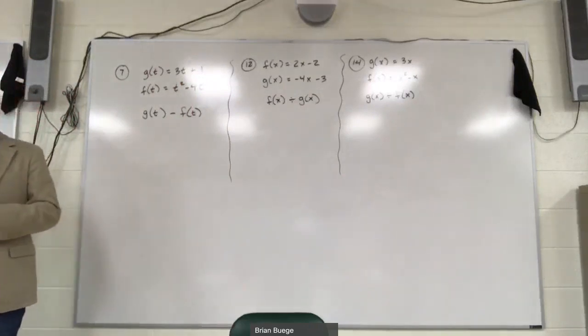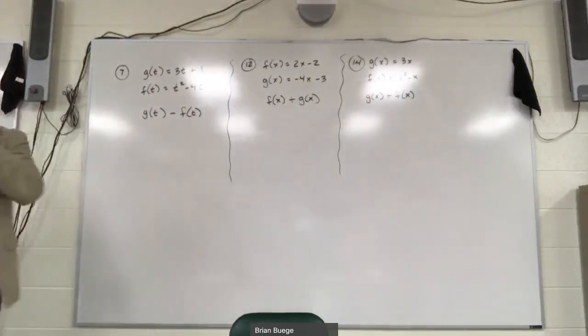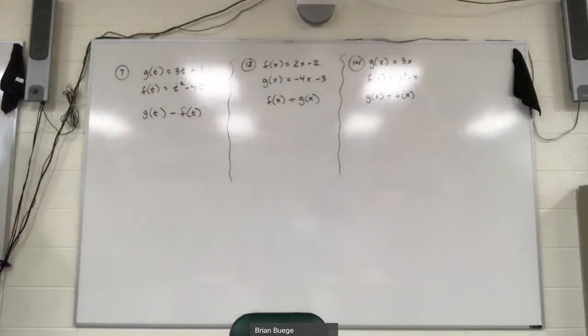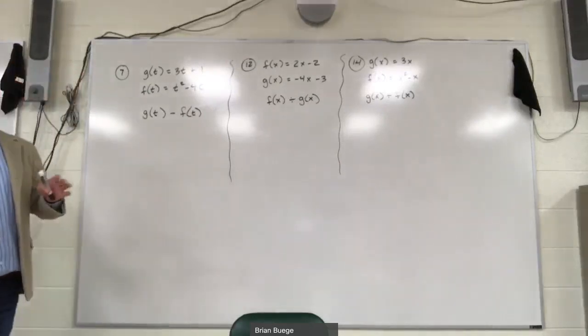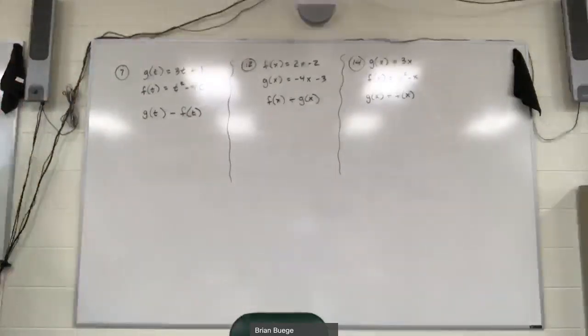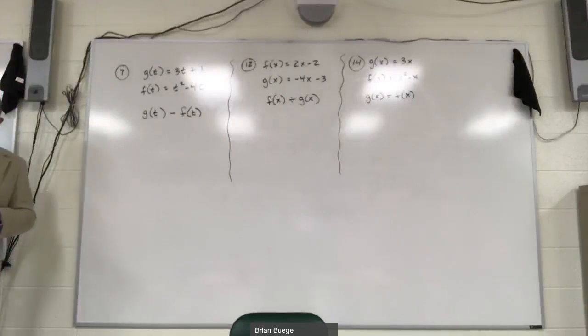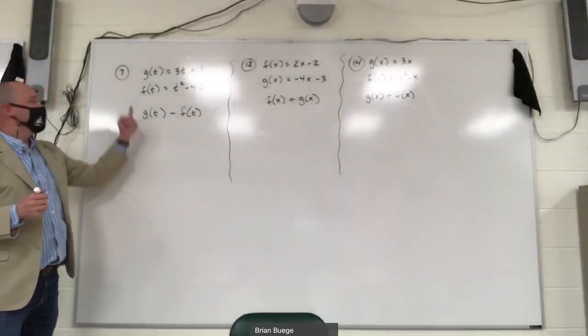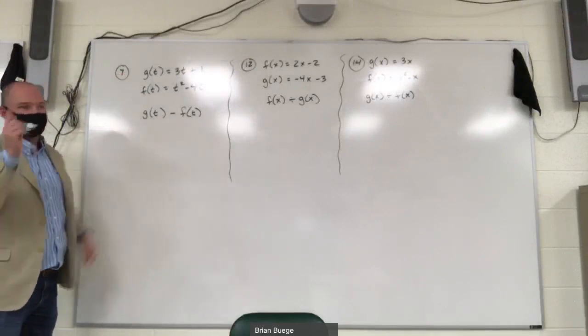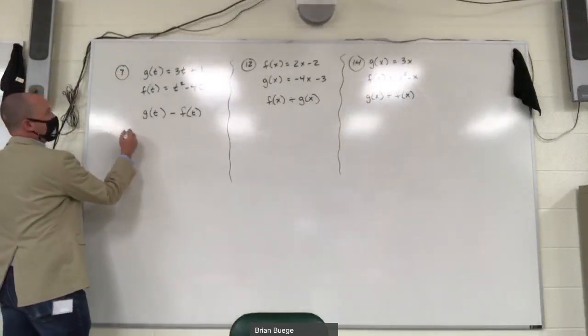Okay, all right. So if you take a look at problem number 7, one thing I wanted to revisit again, because I mentioned it the other day when we talked about the lesson, but some people were making the same mistakes yet on the assignment. If they give you g of t and f of t, and they're saying here that you're subtracting the two functions, what I want you to think about is this.